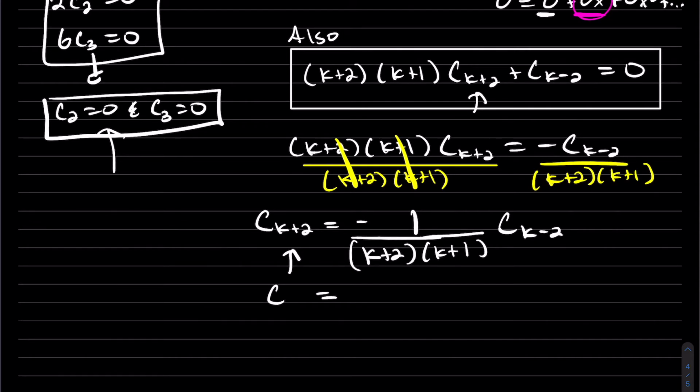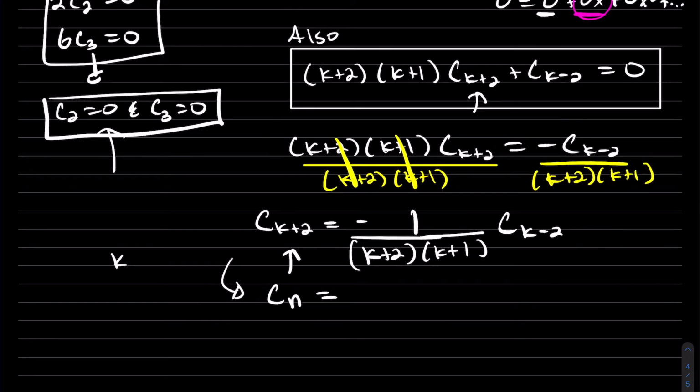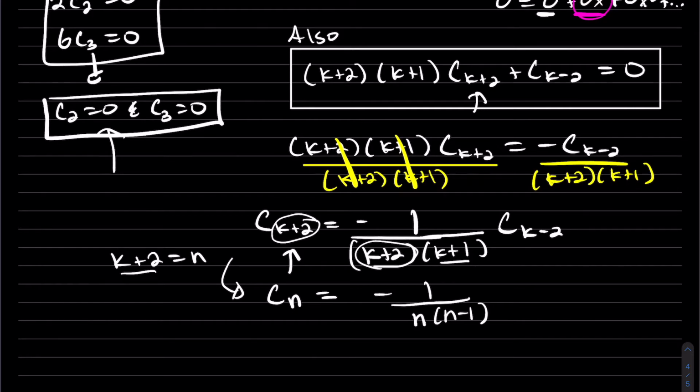So I'm going to do the same change of variable as I did with the series. I want a definition for CN. Again, this step here is not mandatory. I think it's easier for the bookkeeping, okay? So clearly my substitution is K plus 2 equals N, and I'll change everything in terms of N. This K plus 2 is N, and then that'll be N minus 1.